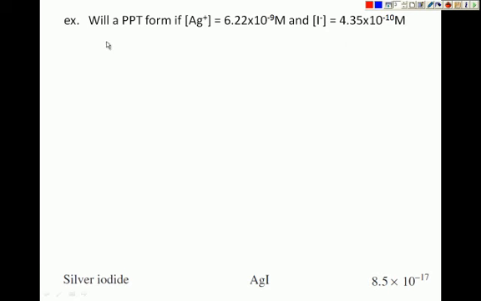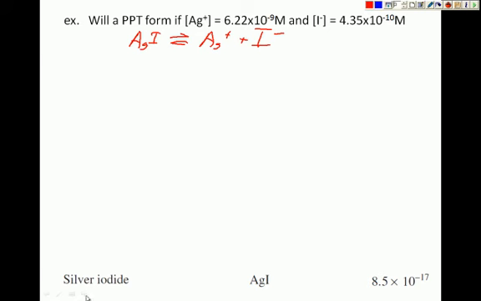Let's write out a quick formula here, and it'll be AgI, solid, aqueous, and aqueous.